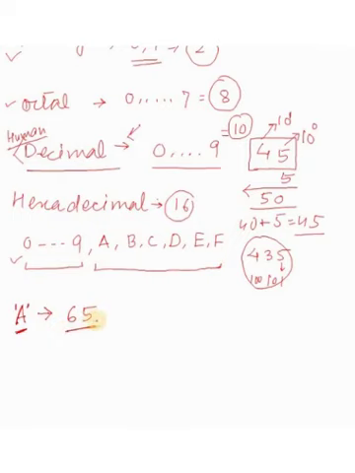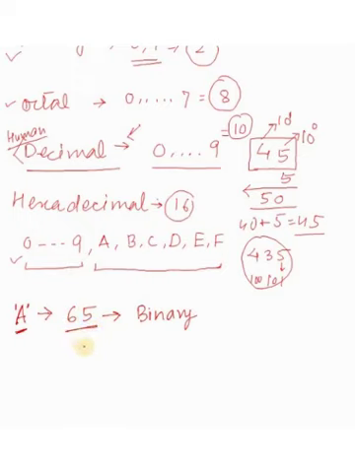Now how does the computer store 65? That we have to learn. It means we have to convert it into binary. How to write or convert this, that we are going to study in this video.